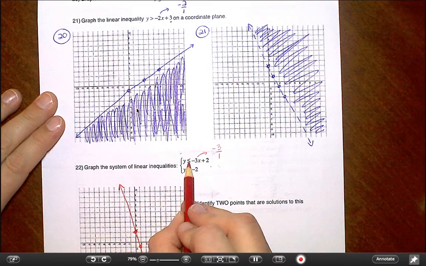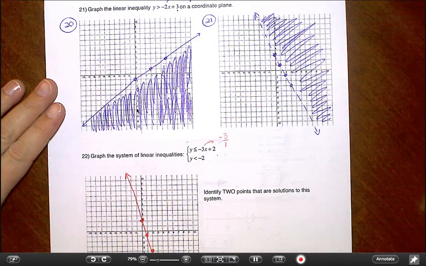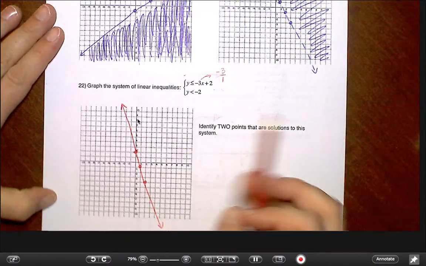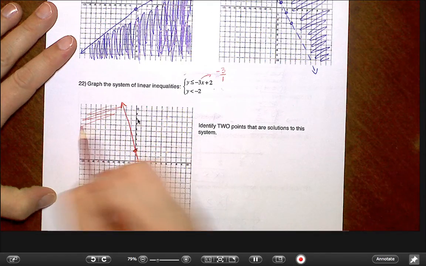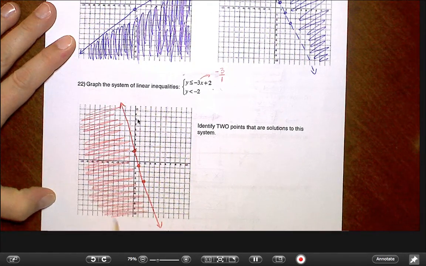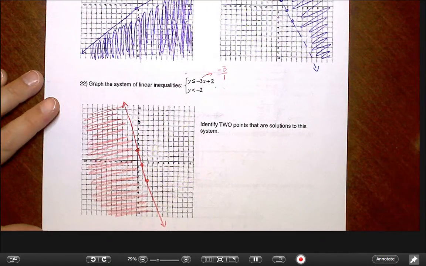And this is a less than, so I'm shading underneath the line. Oh, I'm sorry, you can't see that. I'm shading underneath the line, the bottom half of the graph. So that'd be all of this. Okay, so that's the first one, and I graphed that just like I graphed these two up here.